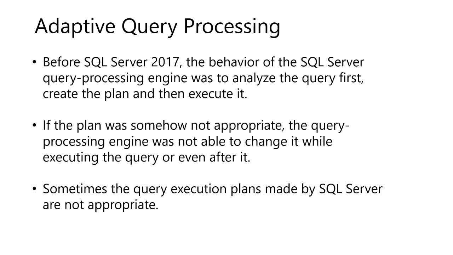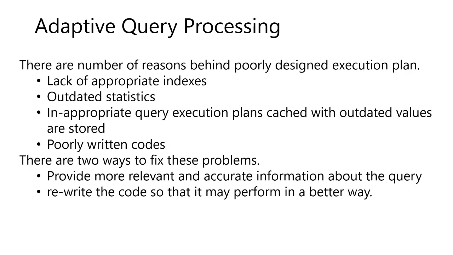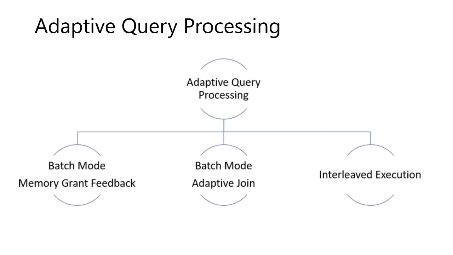So that is one particular scenario, memory grants. Then there are other scenarios like, for example, the ones that were introduced back in SQL Server 2017, which are, well, as I said, memory grant feedback, batch mode adaptive joins, and interleaved execution.